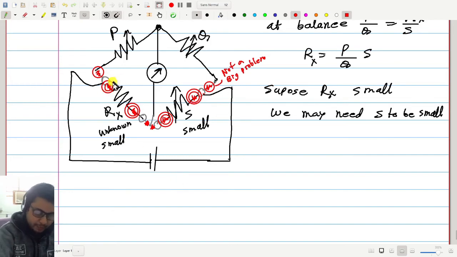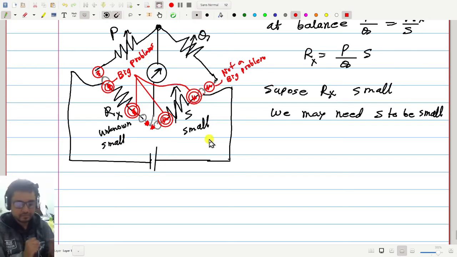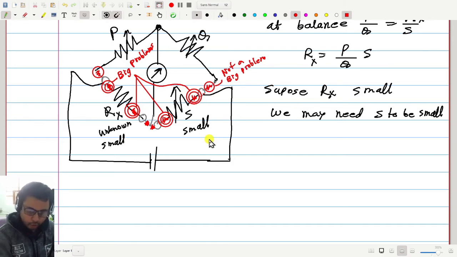So these are big problems. This one is also a big problem. This one is also a big problem. Then this one is also a big problem. Okay. I have made an ugly diagram, but hope the message is clear.